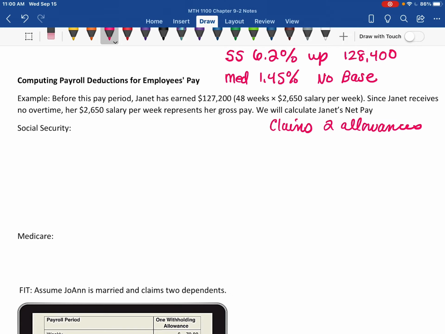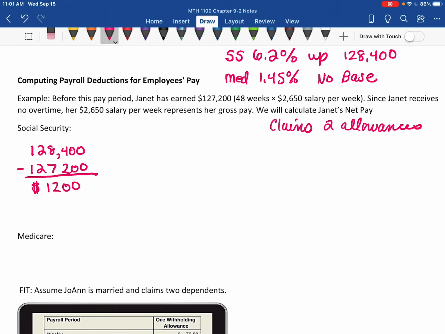All right, now let's look at the Social Security first. The problem says that up to this point, she's earned $127,200. So we have to figure out how much is left of the base. If I take $128,400 and subtract what she's earned so far, which is $127,200, that gives me what's left of my base, which is $1,200.